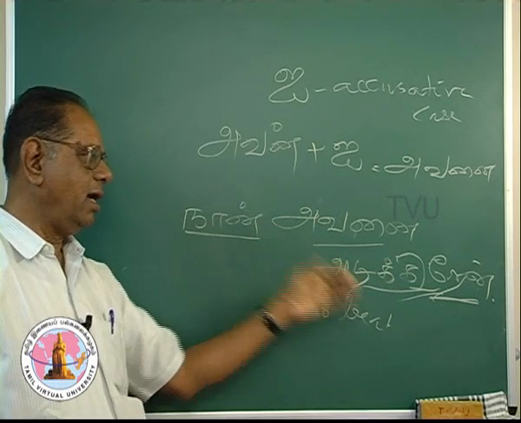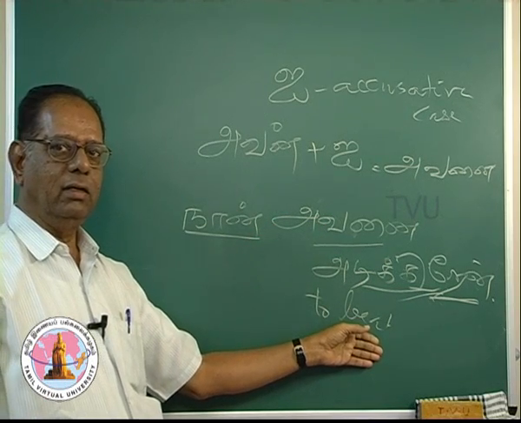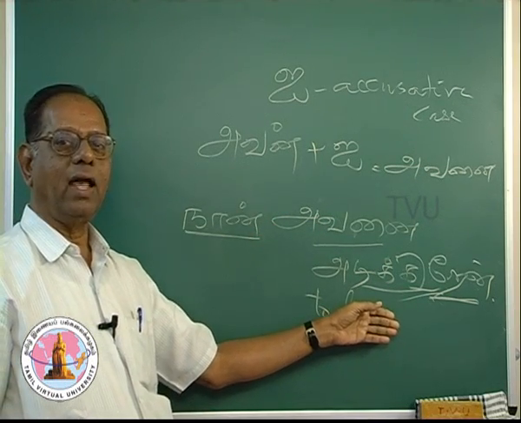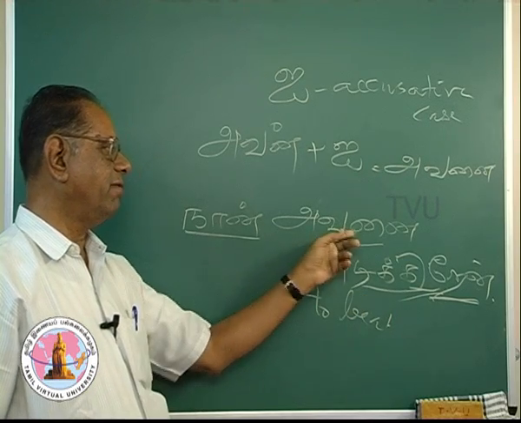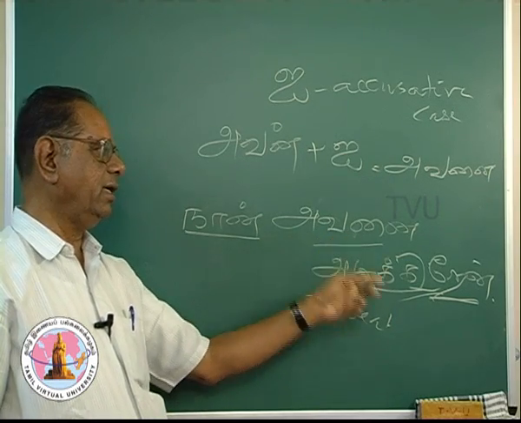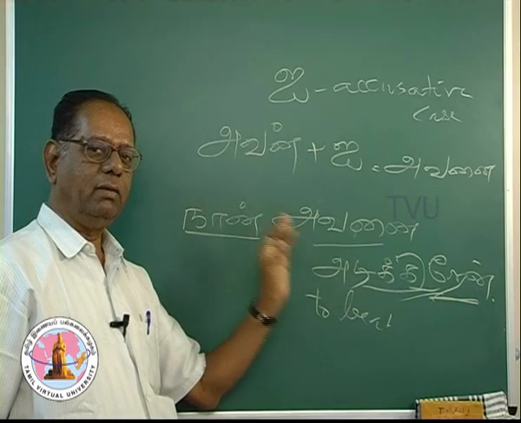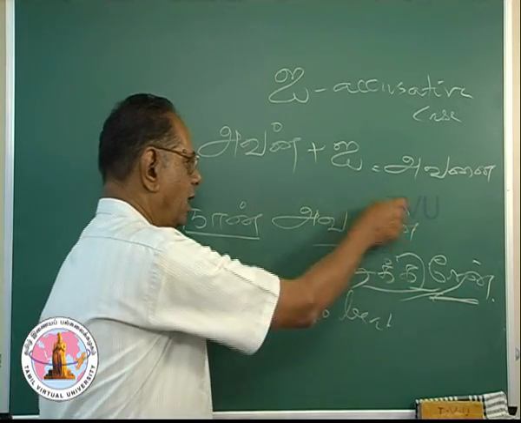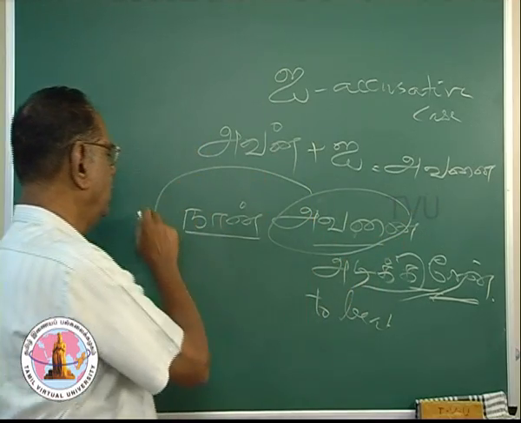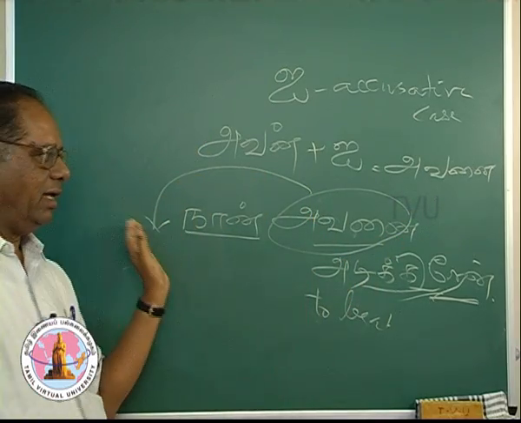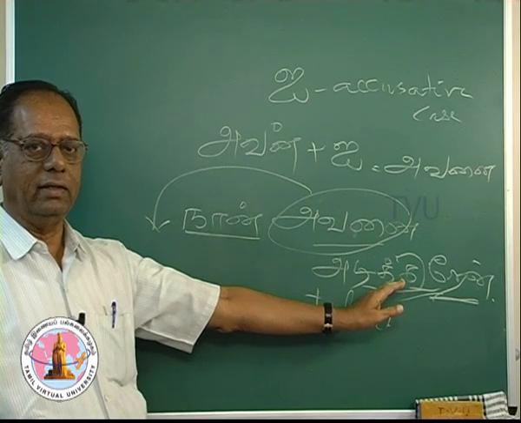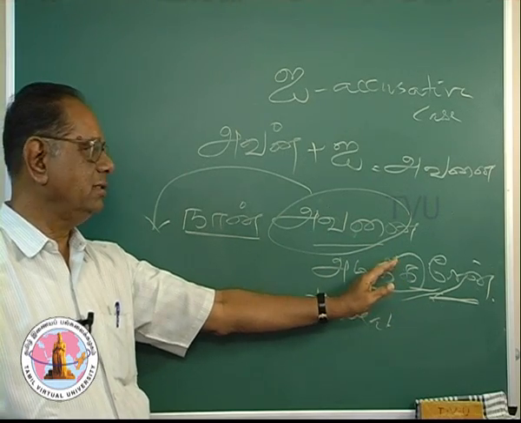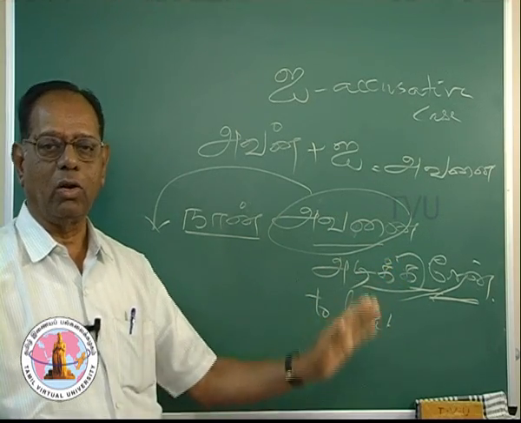Adikireen, naan adikireen. You raise a question, whom? Yarai. And avanai. Naan avanai adikkiren. It's a perfect, complete sentence. I bring it here. Avanai naan adikkiren. The sense is not disturbed at all.